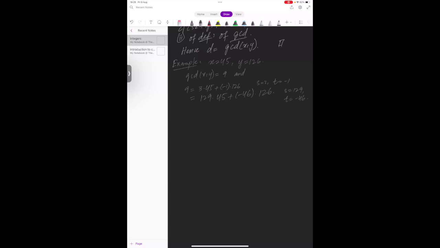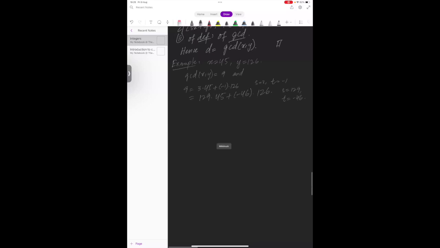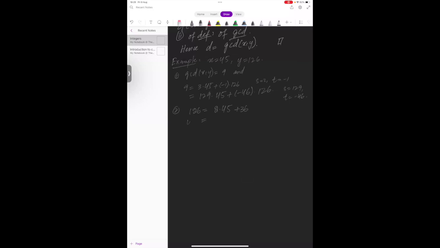Or there is another way to solve this problem. Number 2 is, you can say that 126 is 2 multiplied by 45 plus 36. Further, we can write 45 as 1 into 36 plus 9.